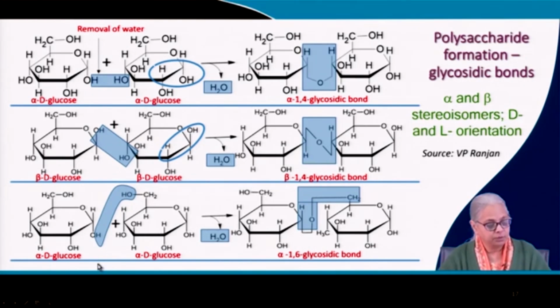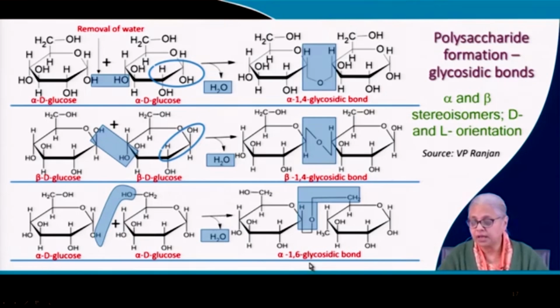And then we have another permutation that is possible. The hydrogen on the C1 position is going to bond with the hydroxyl at the C6 position, and therefore it's called an alpha 1,6 glycosidic bond.